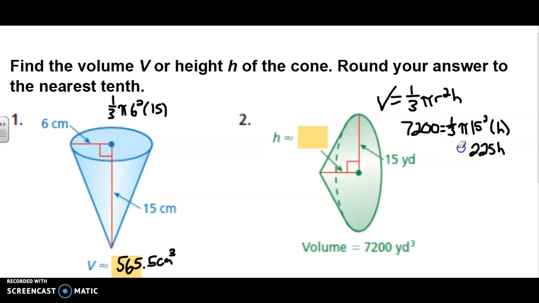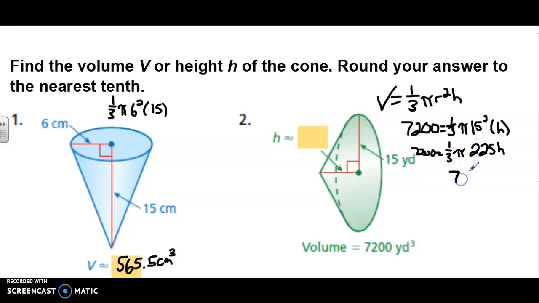And you've got 1/3 pi there. Now again, we have the option of what we want to do at this point. We can see if we can multiply 225 times 1/3 first, which is 75.